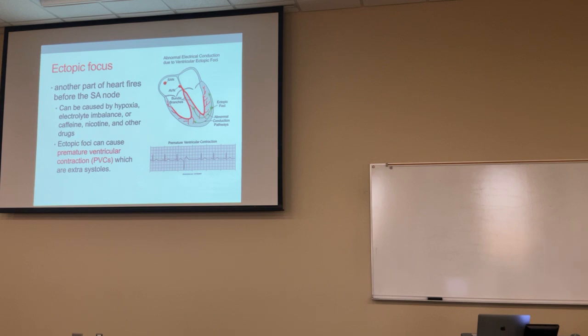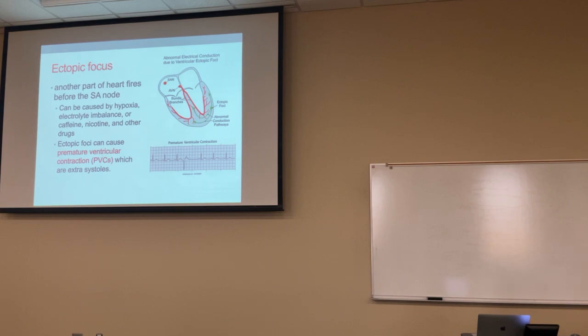However, the rate of spontaneous depolarization of the contractile cells in the ventricles is very, very slow. Normally, it's so slow that the signals that are traveling down the conduction system cause those contractile cells to depolarize first before an ectopic focus ever has a chance to develop. Okay.